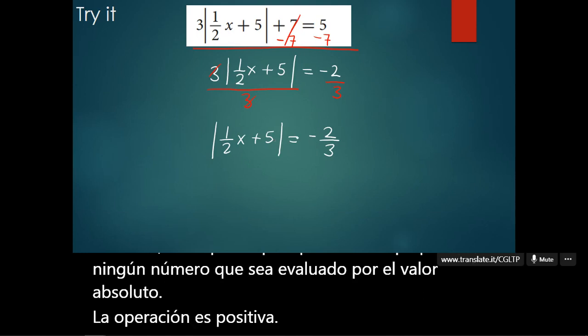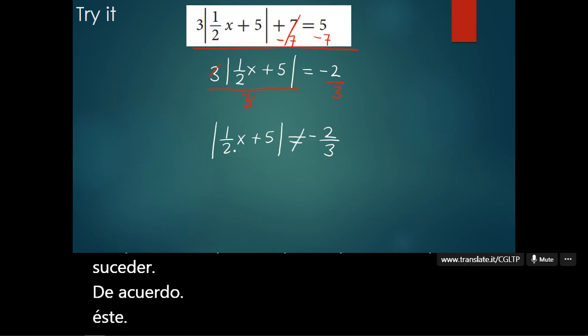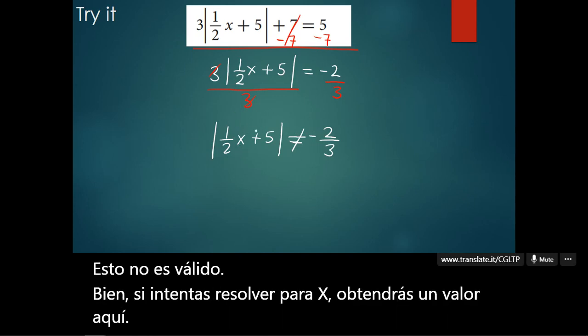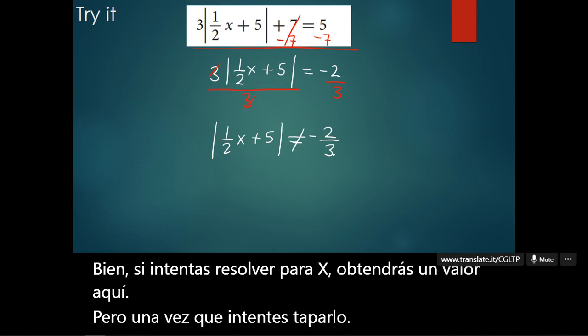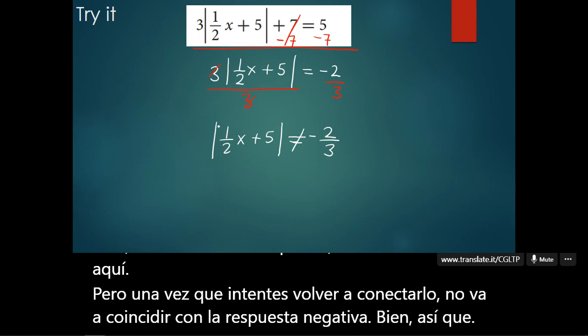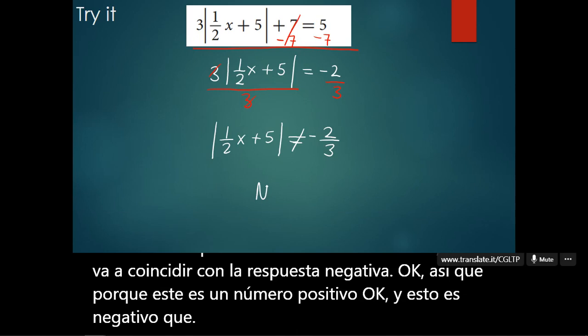So this cannot happen. Okay, this is not valid. If you try solving for x, you're going to get a value here, but once you try plugging it back in, it's not going to match up with the negative answer. Okay, so because this is a positive number and this is negative, that cannot be equal, so there is no solution.